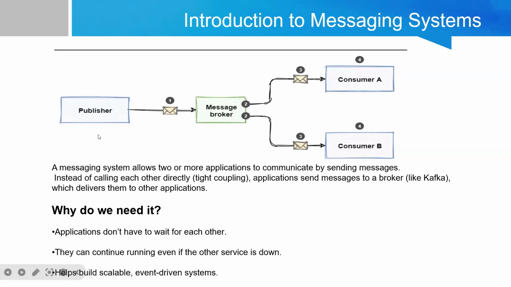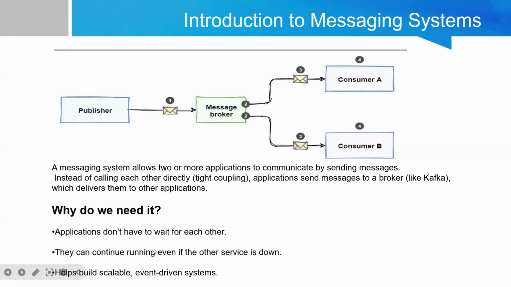So in a messaging system, the data is not simply sent and received. Instead, the publisher keeps on publishing the data, and as a consumer, you can consume it. That is what we do with the help of the message broker, Kafka. Now, why do we need it? The applications don't have to wait for each other.